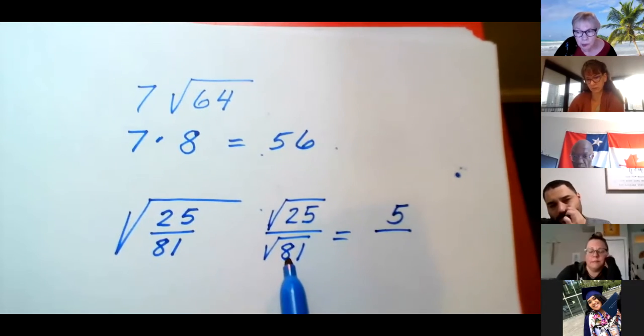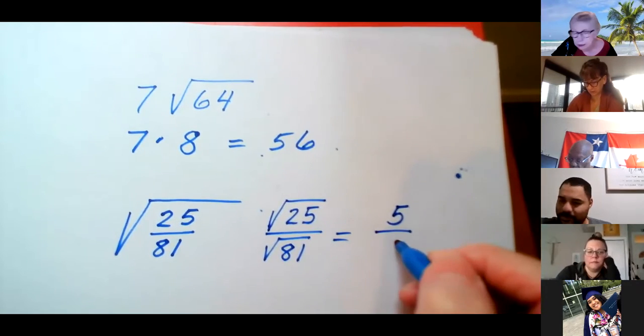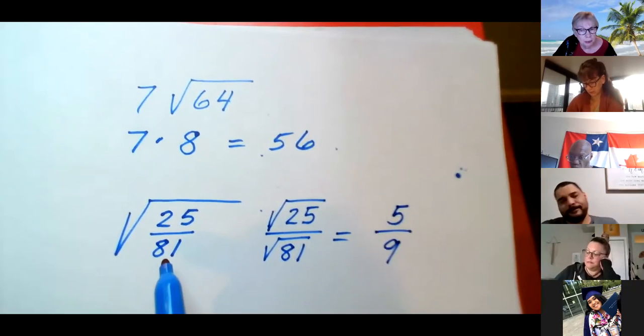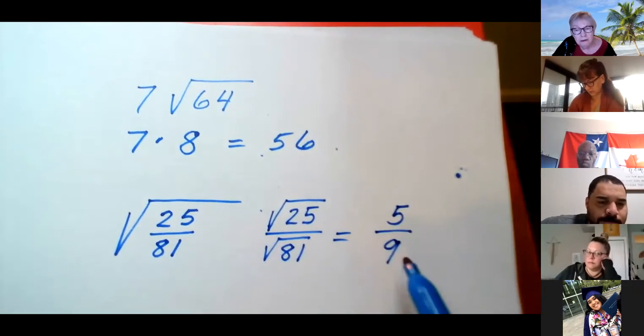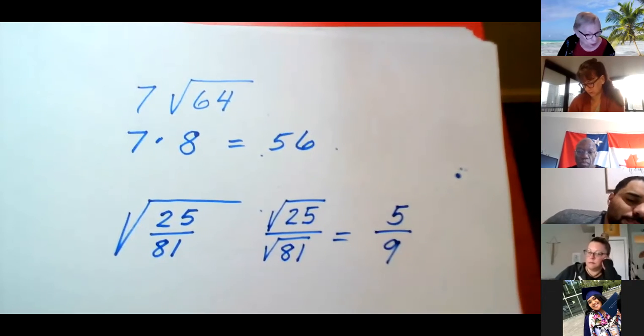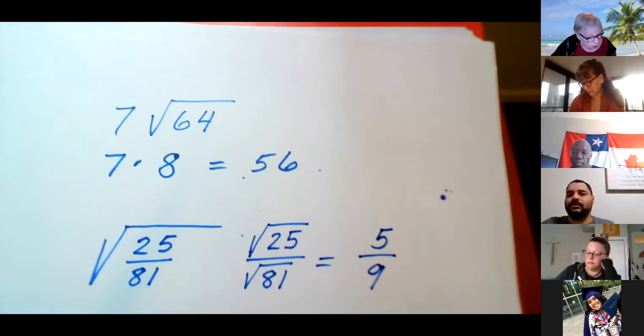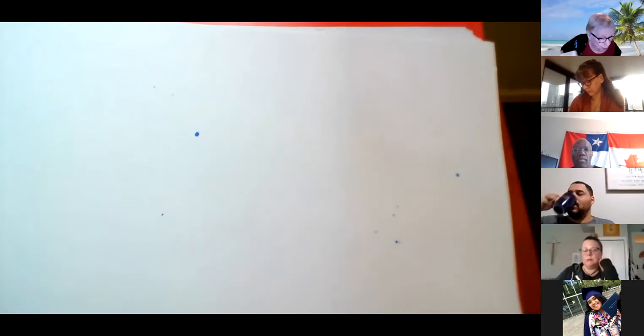The square root of 81, I hope you recognize it, would be 9. And so this is not as simple as possible. This is better, 5 over 9. And that's what they expect you to do with it. And so there are several little problems like that. But the interesting ones, let's see, let me see if I can find something else.